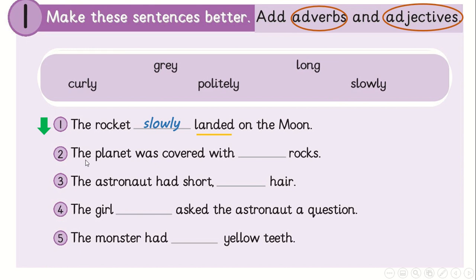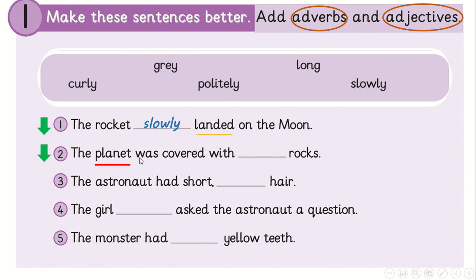Okay, good. Now, the planet was covered with dash rocks. The planet was covered with, so here we have, how, my students? We have planet, we have a noun. So we should add adjectives.